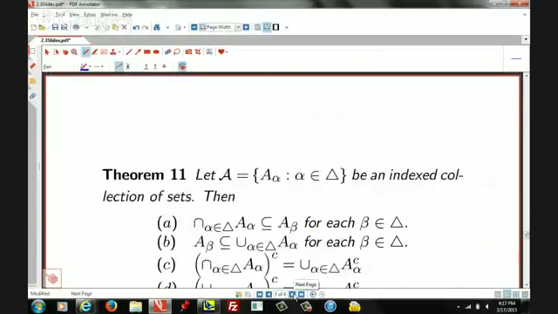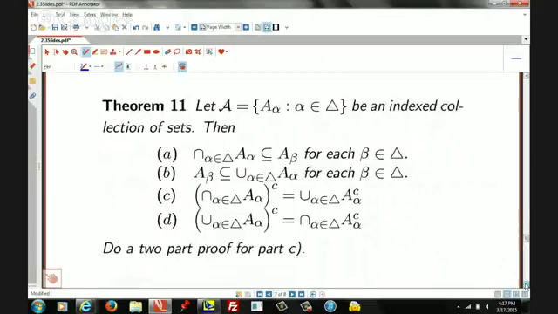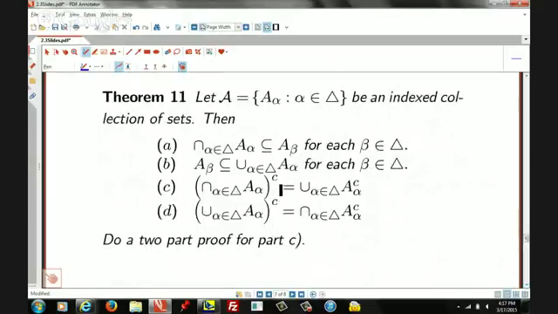Now, let's do theorem 11. We're looking at an indexed collection of sets, and we want to do a two-part proof for C. They did it using if and only if. So if I do the two-part proof, I'm going to assume the first side and get to the second and show subsets.